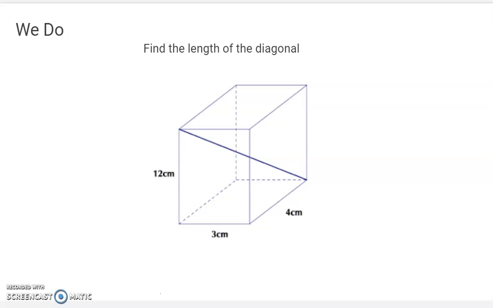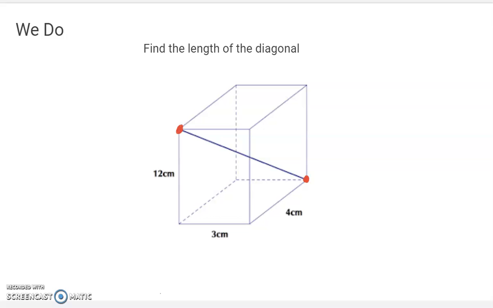All right, so the first thing to notice is where the diagonal starts and ends. It goes from that corner to that corner. Imagining seeing stuff in 3D when it's really drawn in 2D is kind of tough. So that diagonal cuts through the middle of the figure.